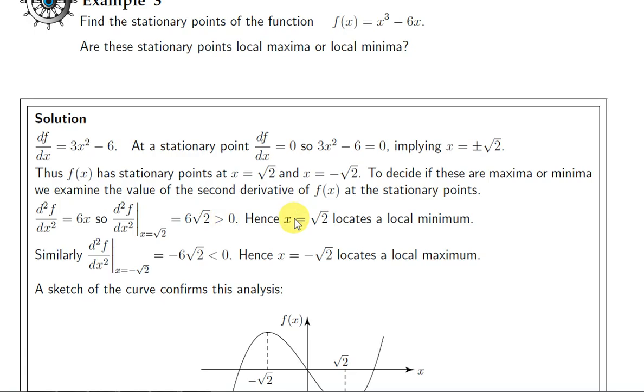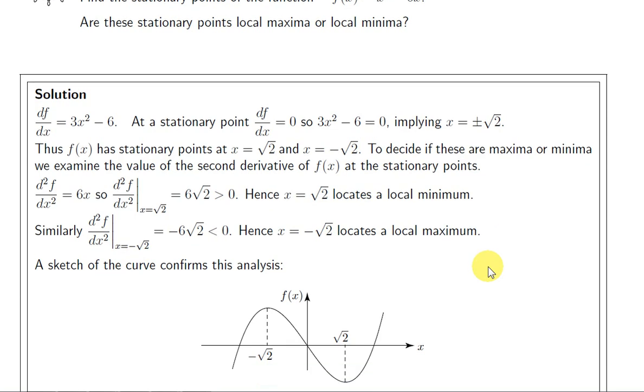That tells us that there is a local minimum at x equals root 2. Similarly, the second derivative at the other stationary point is negative. So that tells us that at x equals minus root 2 we have a local maximum.